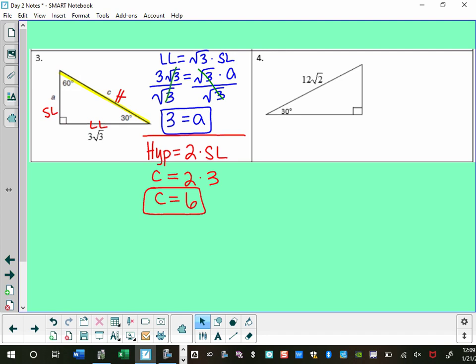All right, we have one more before lunch. Number 4. Here's my hypotenuse. This will be my short leg. This will be my long leg. I did not write a variable, so let's write x for the short leg and y for the long leg.